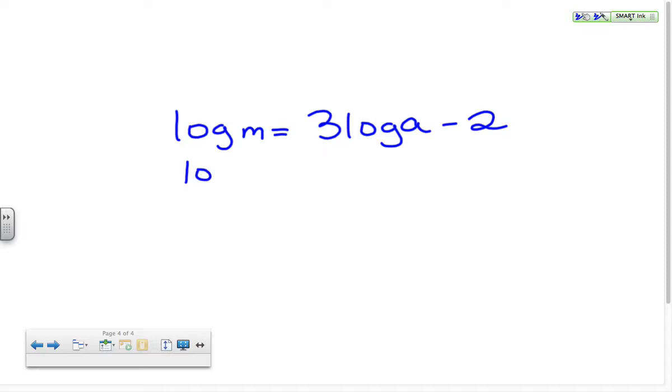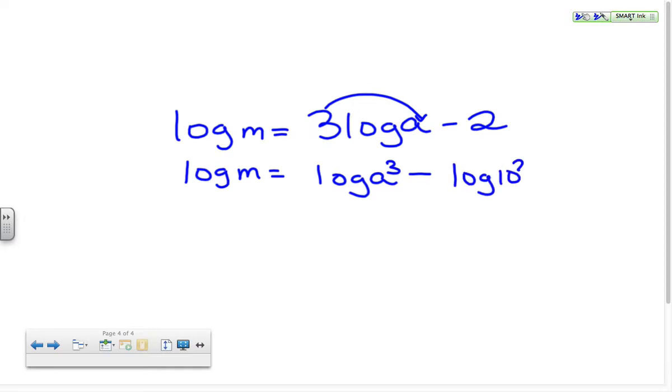So this over here stays the same right now. Let's do this step really quick. If I'm trying to get rid of the 3 there, we're going to move it to behind the a. So I have log a cubed. Now, 2 becomes log 10 squared.